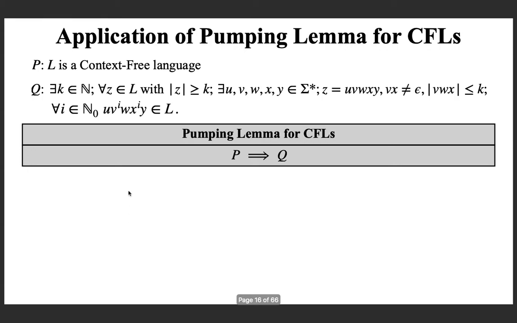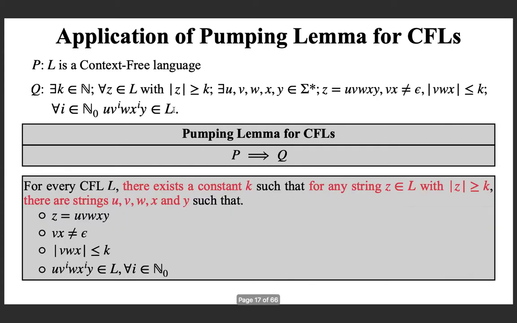So it looks like an implication. What is it? P implies Q. Is that correct? Yes, you can verify because this is the pumping lemma. For every CFL something is true, which can be rephrased as: if L is a CFL, then the following is true. That is exactly what we are saying here.